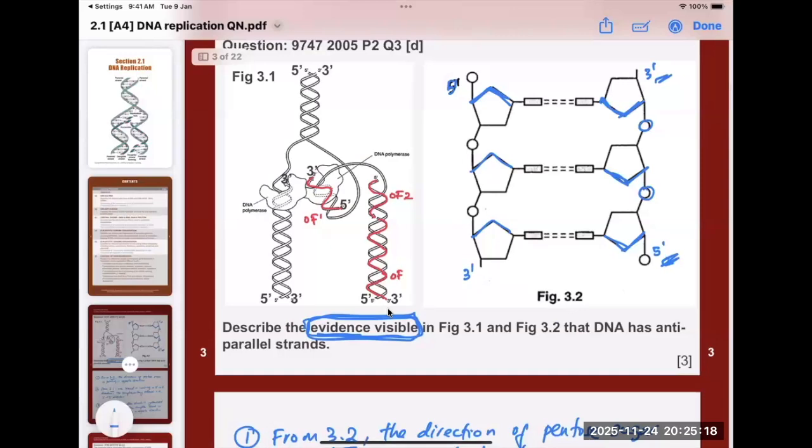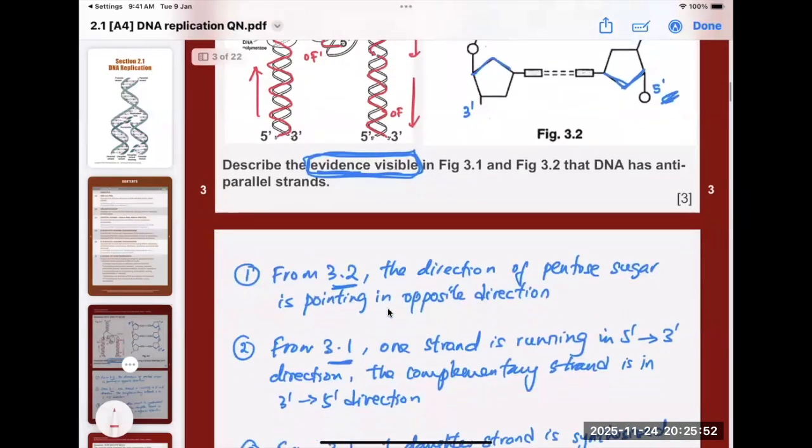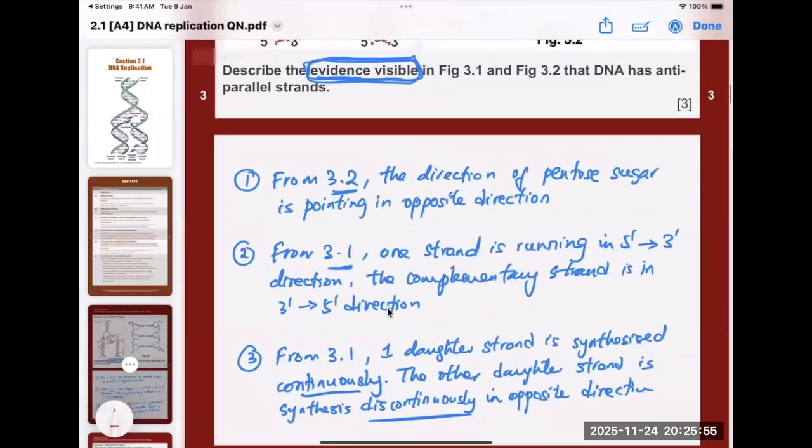This one is synthesized in one direction, I keep going in one direction. The other one is coming from here, going down, going down. This one is synthesized in this direction. Do you see? So that's how it's showing from this figure that the DNA is anti-parallel.